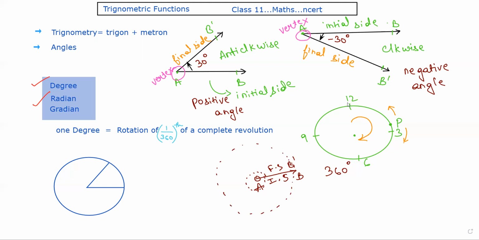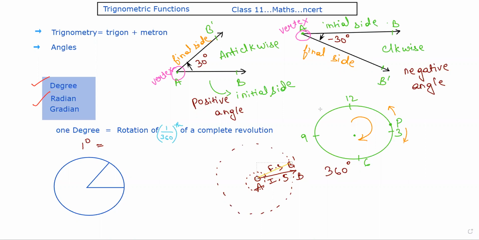The same thing is written here. The measure of 1 degree is equal to the rotation of 1 by 360th of a complete rotation. Say this is AB, and next you're moving to a different position.